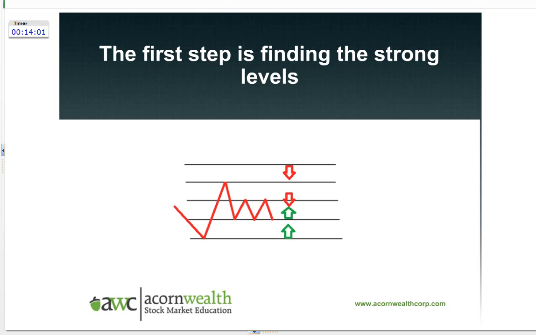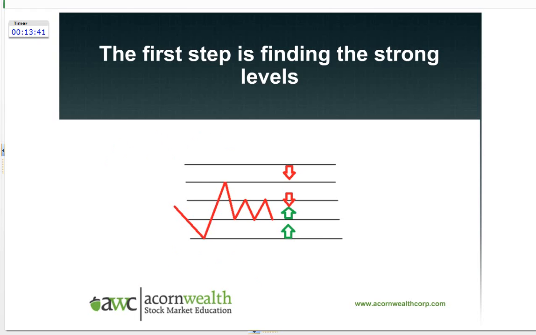Wedges usually break down after the 3rd. Ascending triangles usually break down after the 3rd touch or the 3rd drop. A lot of popular patterns, if you just have a look at a chart, you'll see stop working after 3.